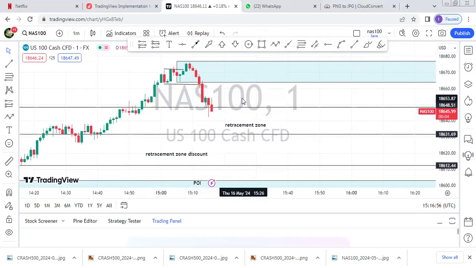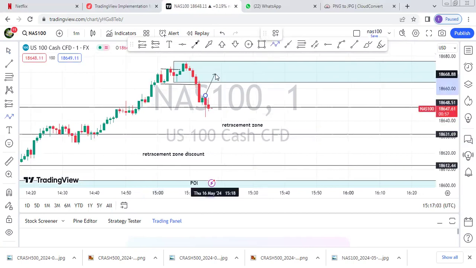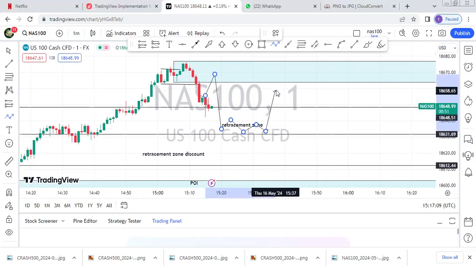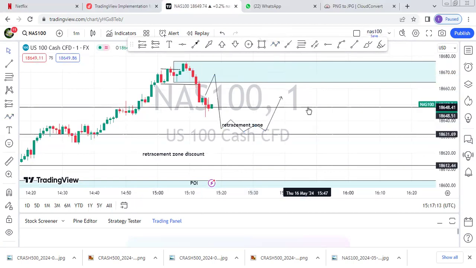Let's continue watching. We might see it coming to that. All right, coming down, give us some retracement there, okay, before shooting up as well. Okay, just watch and see.